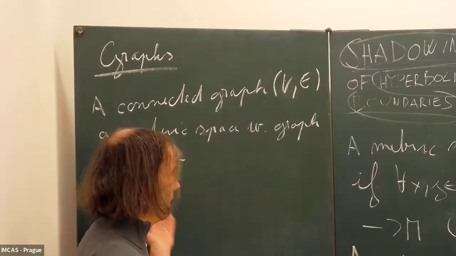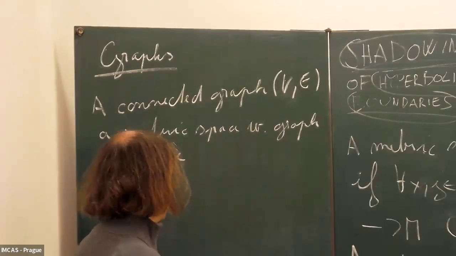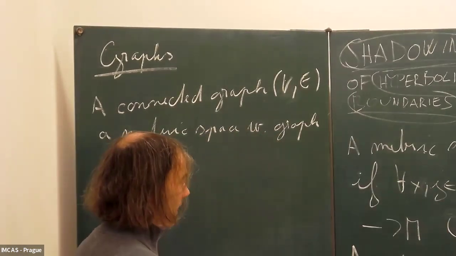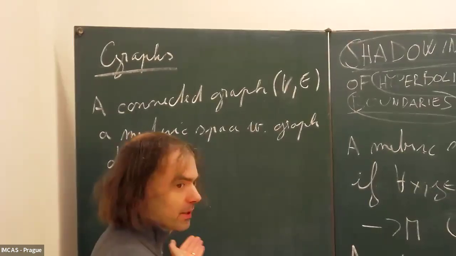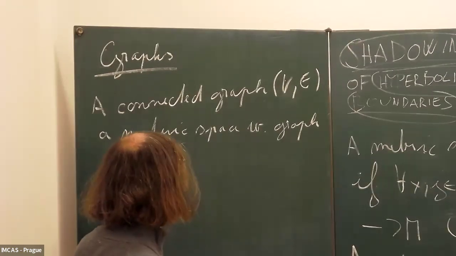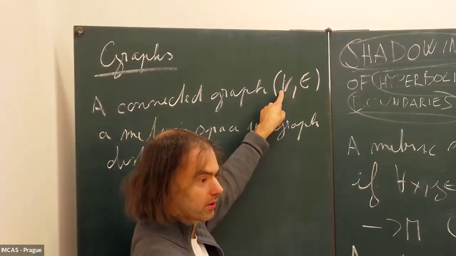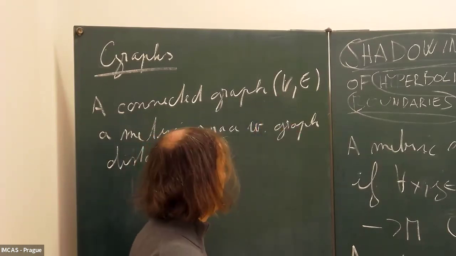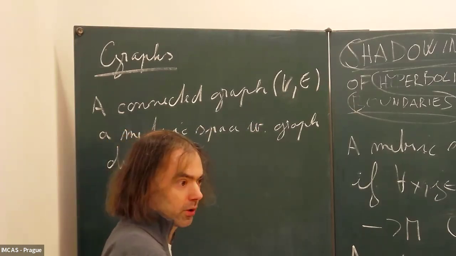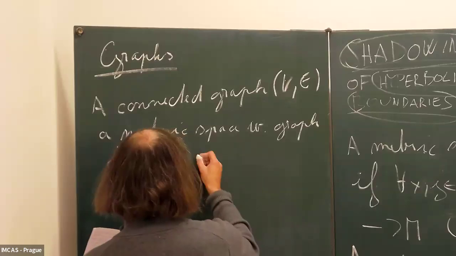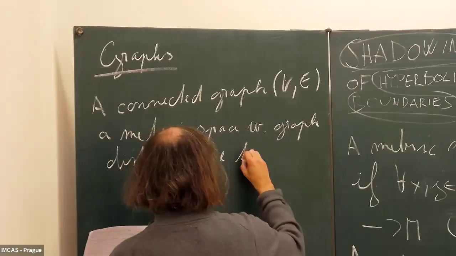Either you can build a graph as a one-dimensional simplicial complex, where you parameterize it in such a way that each edge has length one. This is one way. What I will do is view each graph as a discrete metric space. So for me, the set of points is just the set of vertices of the graph, and the distance between two points is the shortest path between them.